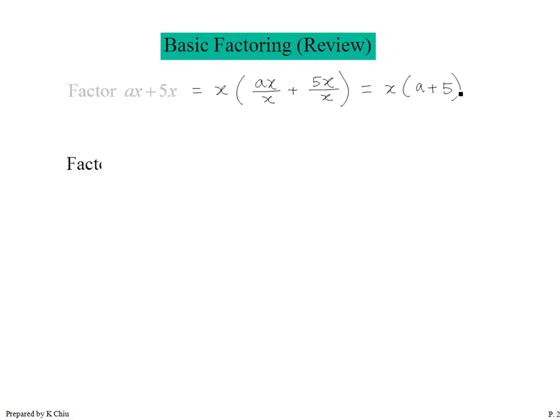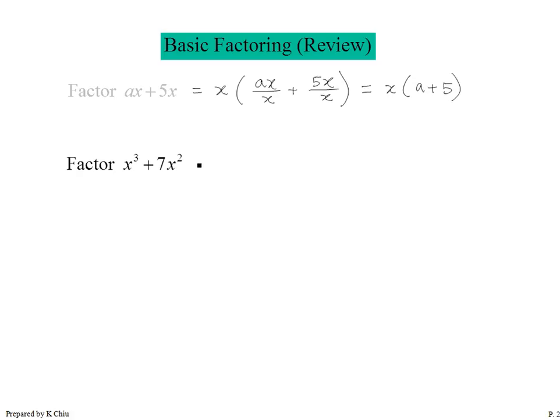Take a look at the next one. How many terms do we have? We have two. Terms are separated by plus or minus. In these two terms, x cubed and 7x squared, what do they have in common? x squared.